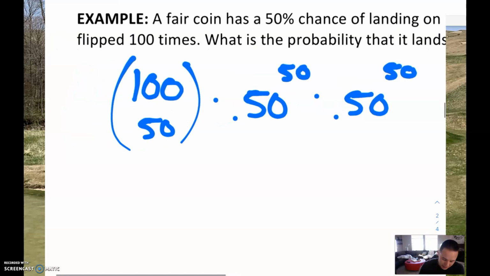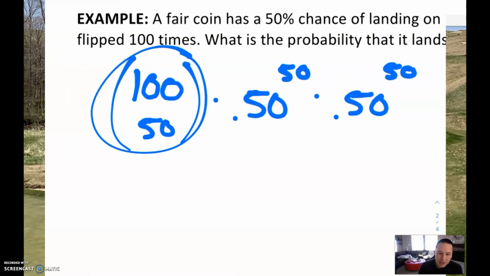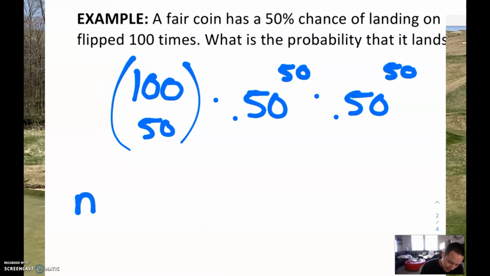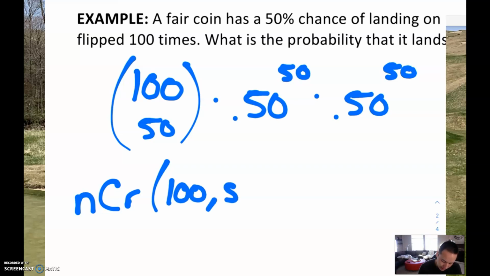Now, you probably don't have this number memorized from Pascal's triangle. That's okay. You can just go onto Desmos and you can find something called NCR. So on Desmos, find NCR, and then you're going to type in 100, 50, and it's going to give you a number like something times 10 to the 28th power, something obscenely big like that.